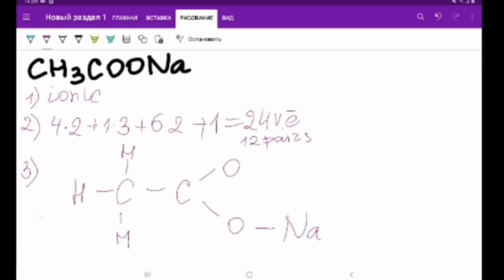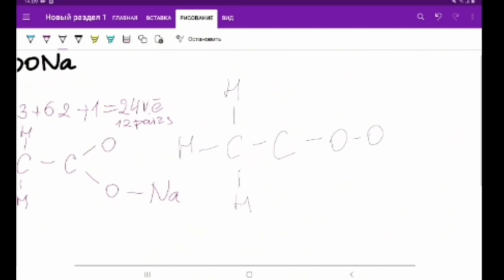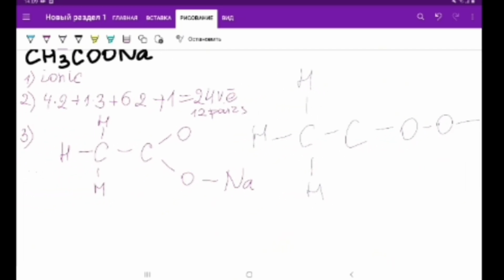Sometimes students get confused and think maybe we can draw it like this. Let's draw all the possibilities. As we see, both of them seem logical. Let's complete the skeleton and then we will understand if it's okay or not.